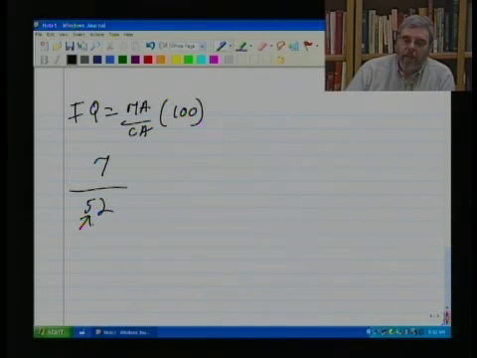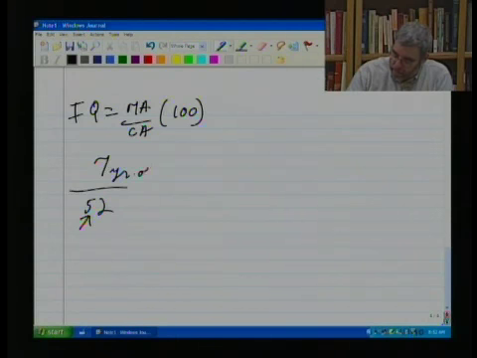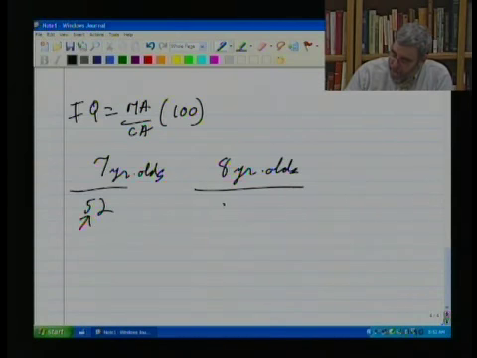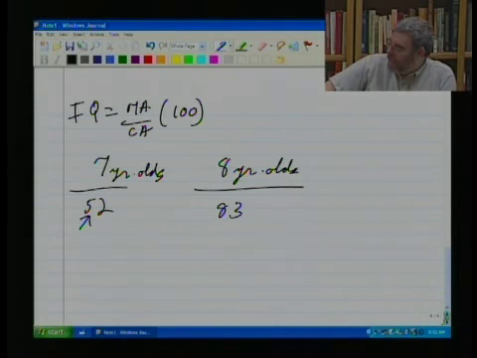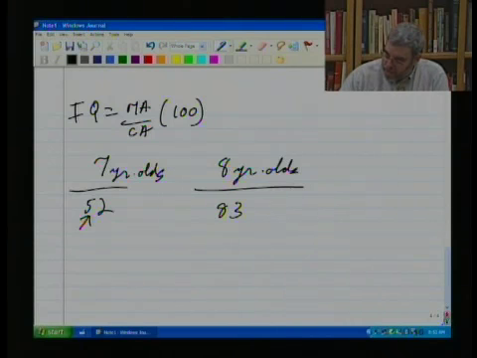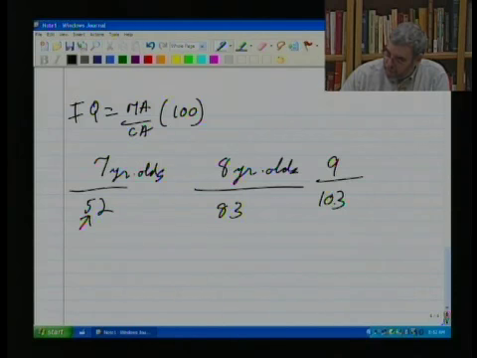What's the child's mental age? 7, right? Let's say 8-year-olds get an average of 83 right on these questions. So if you got 83 right, your mental age is 8. And let's skip to 9-year-olds got an average of 103 right.